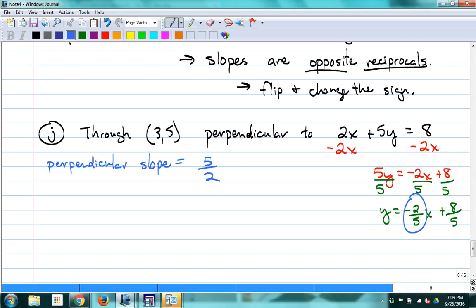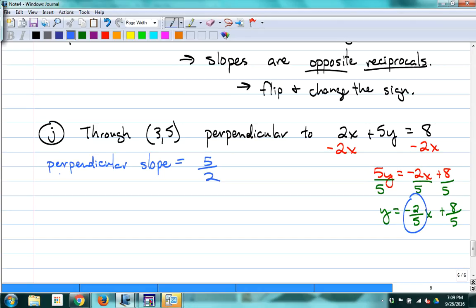So turn it over, 5 over 2. It was negative, make it positive. That's going to create the 90-degree angles in the coordinate plane that we need to be perpendicular. Flip it, change the sign. So if the original slope is negative, the perpendicular slope will be positive and flipped over. If the original slope was positive, the perpendicular will be a negative slope flipped over.